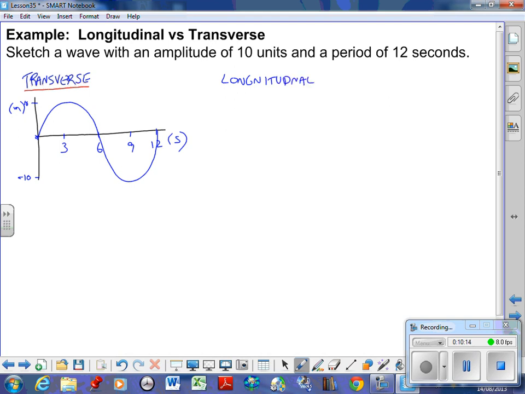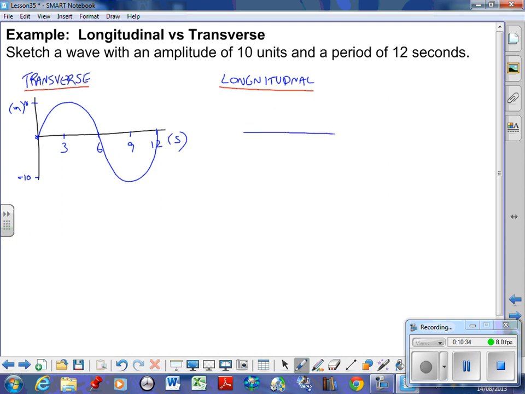Now, my point with this example, longitudinal. How do you represent the longitudinal with that information? And it's not easy. It's really, really difficult to actually do it. You can do the period definitely for 12 seconds if you do it in terms of time.